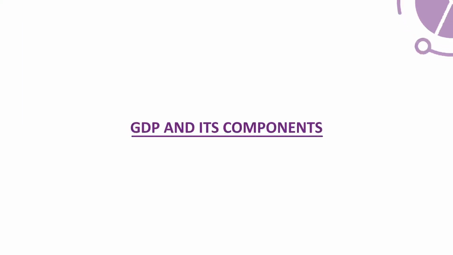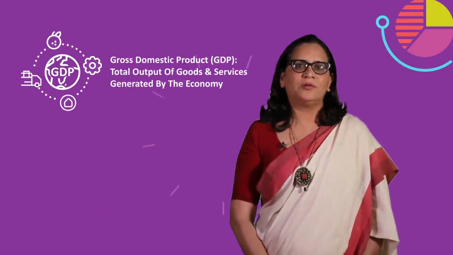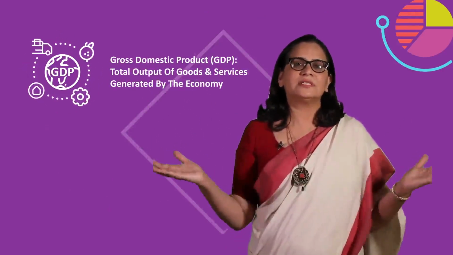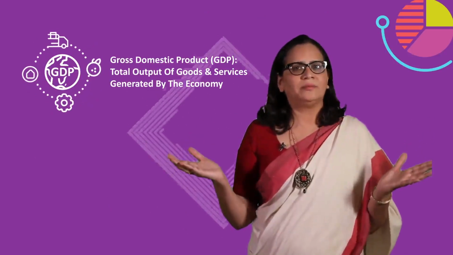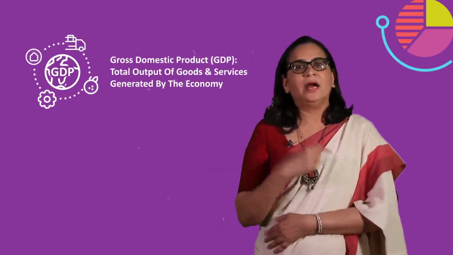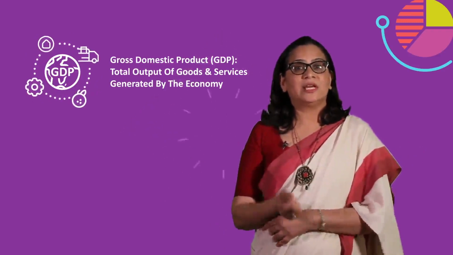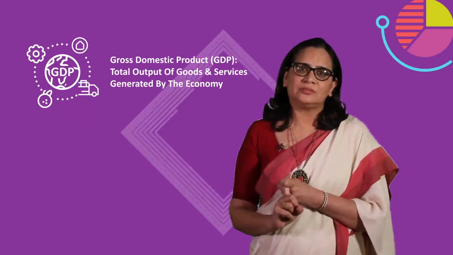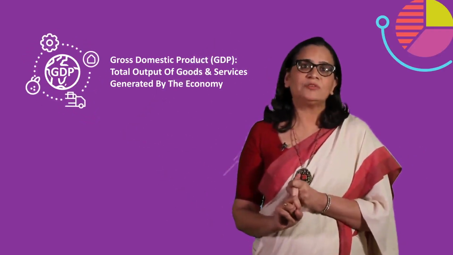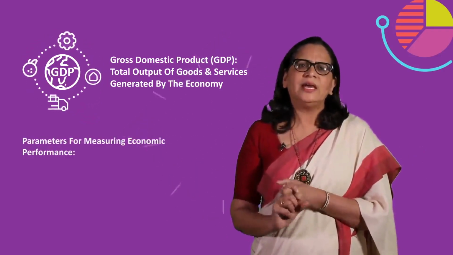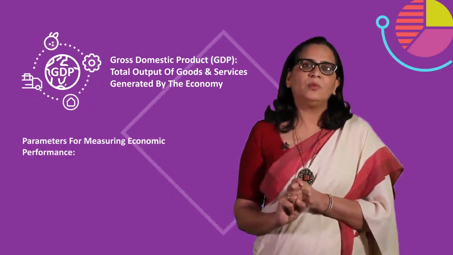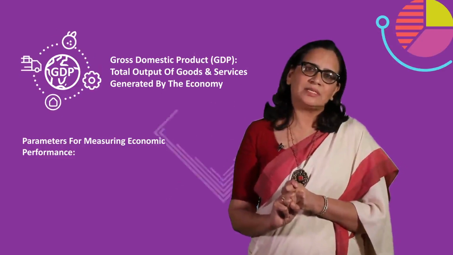GDP and its components. The starting point is, of course, GDP or gross domestic product, which is the total output of goods and services generated by the economy. Think of it this way. When you examine a person's health, you take his temperature, you measure his pulse rate, and check his blood pressure. Similarly, if you want to see how an economy is performing, is it growing, is it stagnant, or is it in decline, we would want to identify basic parameters as well.